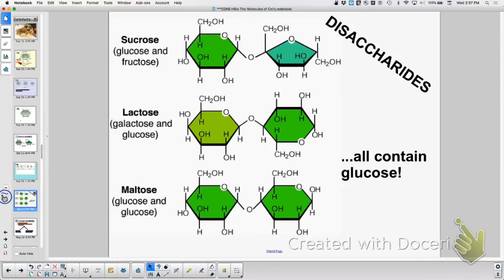All of them have in common what molecule? They all have glucose. Okay? Hook a glucose with a glucose, and you have maltose. A glucose with a fructose, you have sucrose, table sugar. Hook a glucose with a galactose, and you have lactose, milk sugar. Those are all your disaccharides.